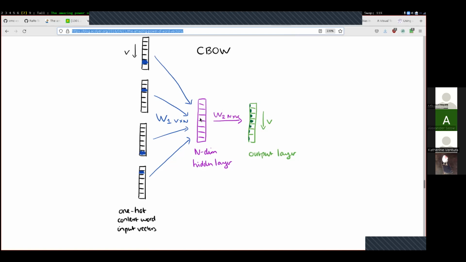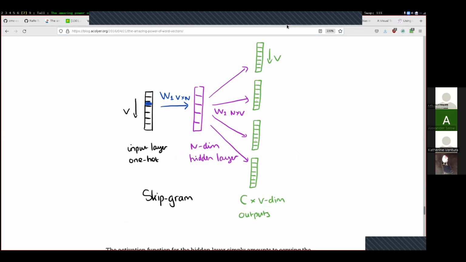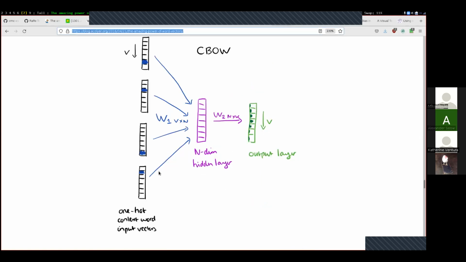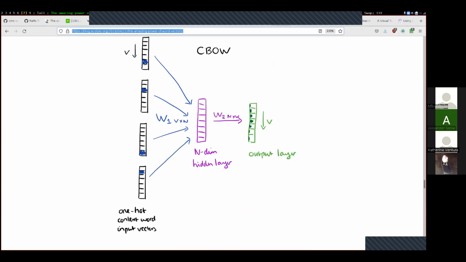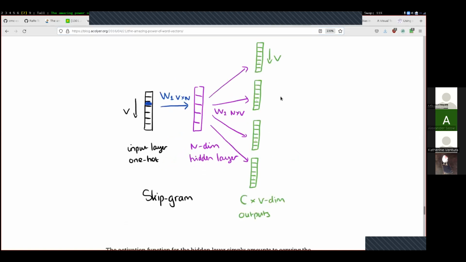Again, that blog post has this visualization of a neural network, one for the CBOW, a lot of inputs, a little bit of output, then one for the skip-gram, a little bit of inputs, a lot of output. The important thing here is that we have these two weight matrices, W1 and W2, which are V by N or N by V matrices.